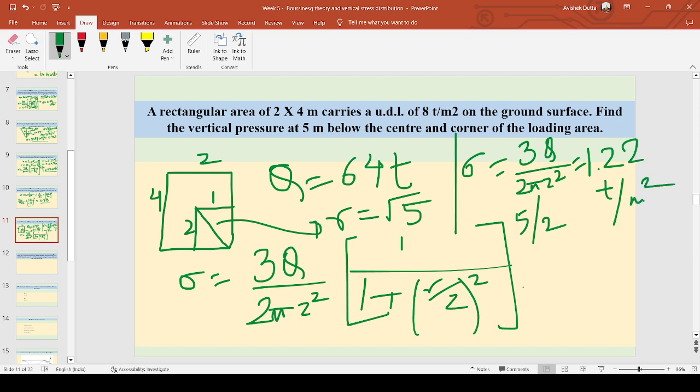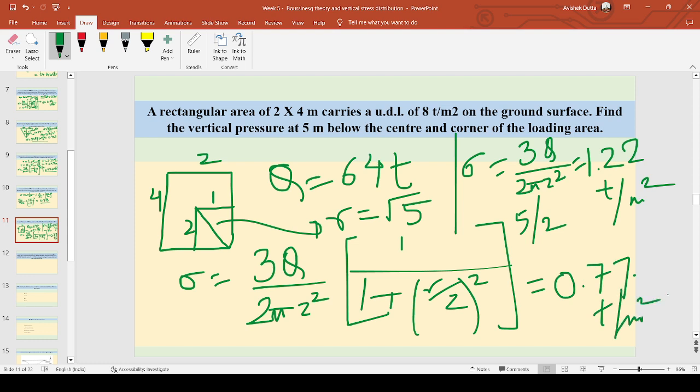And for the second part, that is the corner with r equal to root over of 5, z equal to 5, and q equal to 64 ton as given, we get a value of around 0.77 ton per meter square.